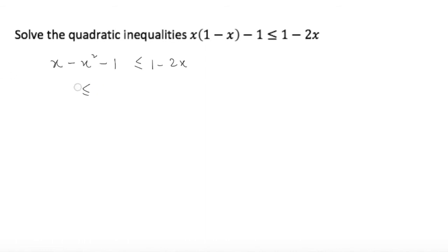Negative x squared. Okay, I all go to the right hand side here. Plus x plus 2x, so plus 3x. Minus 1, the 1 goes there, minus 1, so minus 2.